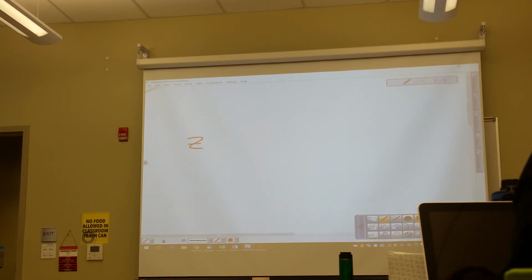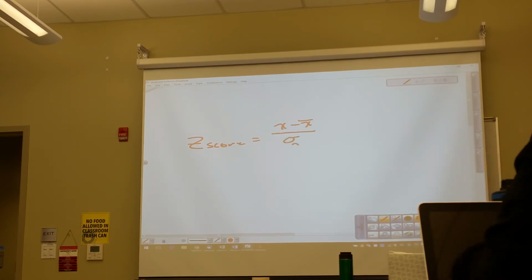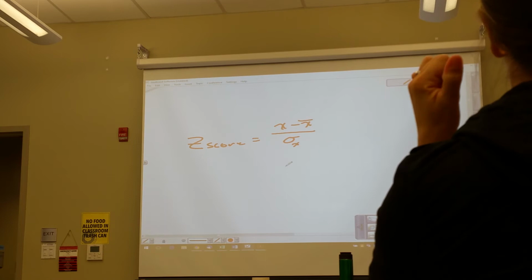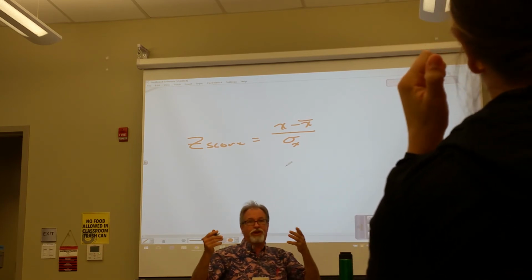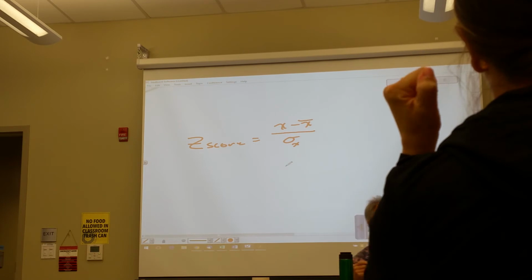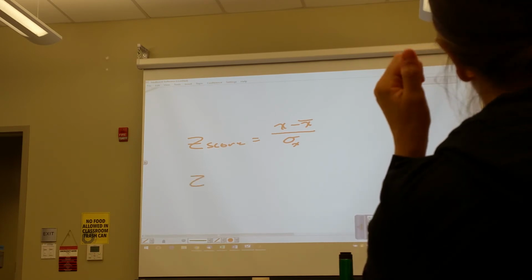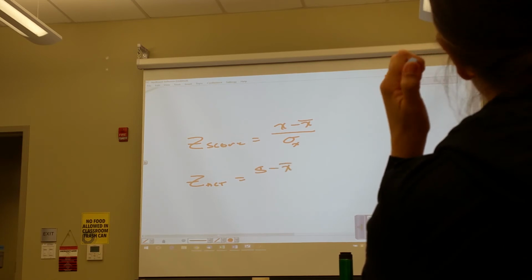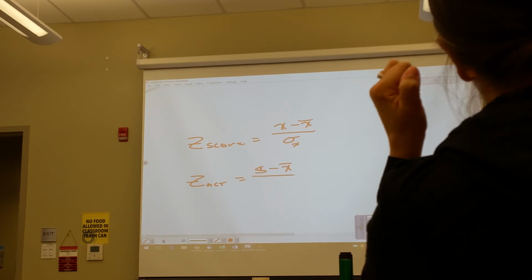Okay, so the z-score is x minus the mean divided by the standard deviation, and I'm gonna start using a little bit more subscripts. If I was actually doing this, I'd get the z-score for the ACT, which would be the ACT score minus the mean of the ACT divided by the standard deviation of the ACT.